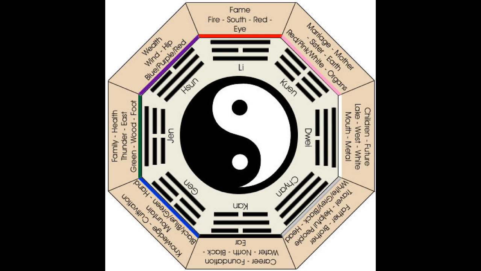Going in a clockwise direction, we come to the next section of the Bagua, children, the future, and lake. This section corresponds to the element of metal, and the compass direction is west, and the colors of this section are white. The body part associated with this section is the mouth.